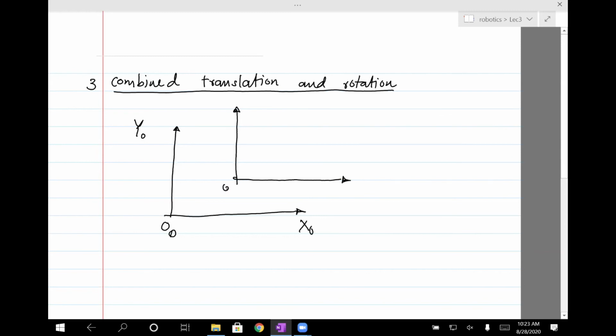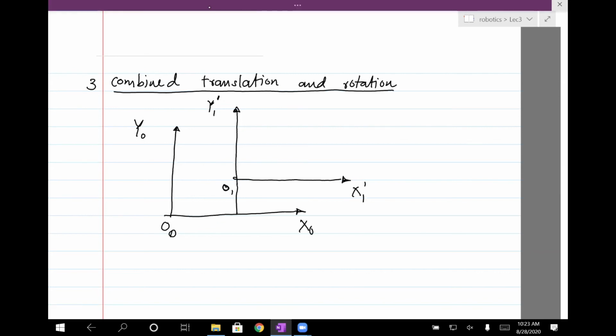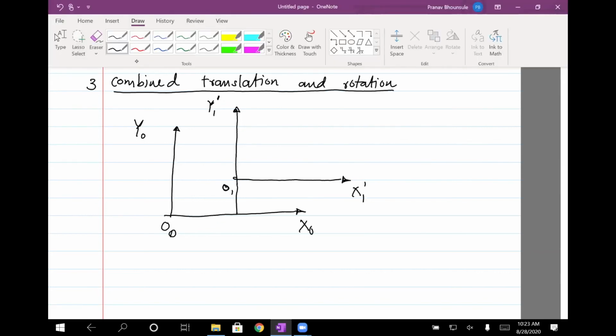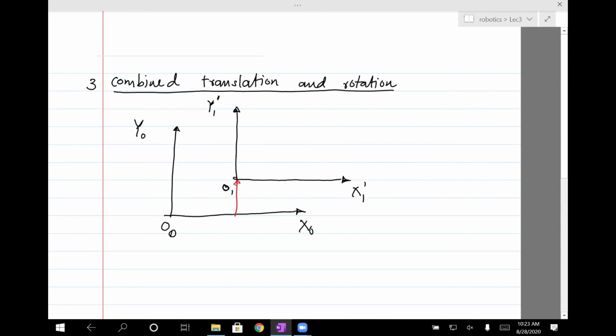So let me call that O1, X1 prime, Y1 prime. Okay, and so it's translated by a distance of y0 and x0 on the x-axis.